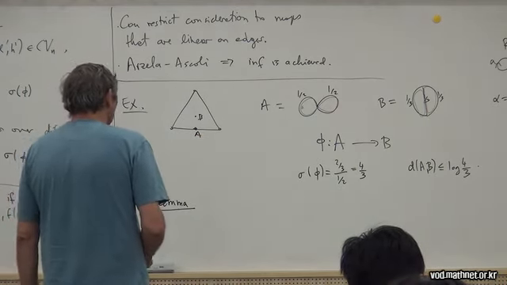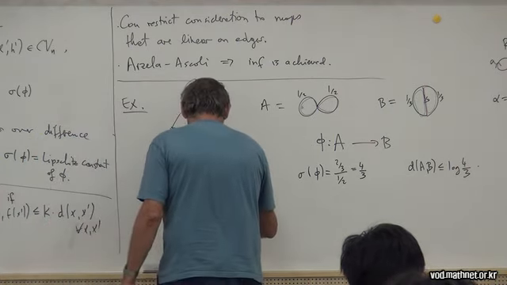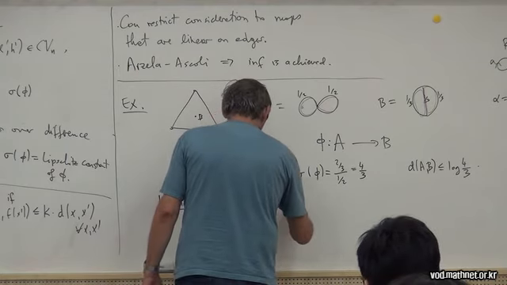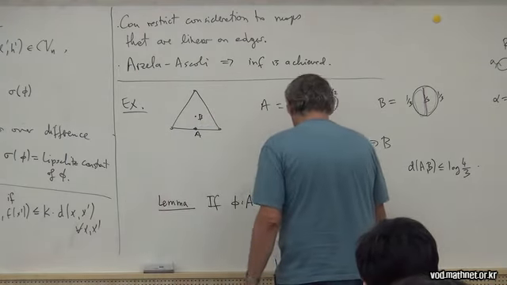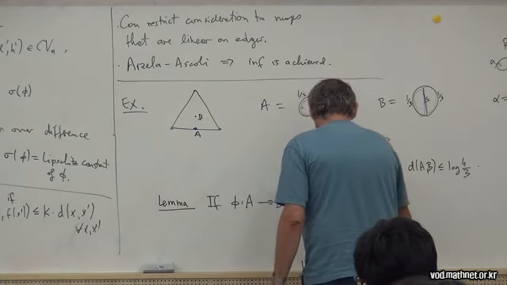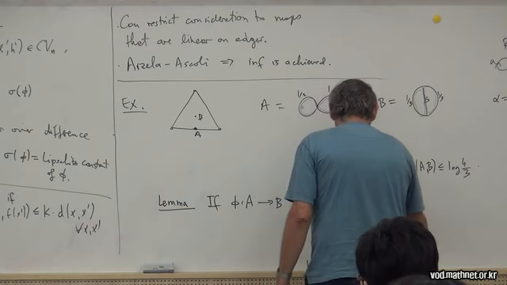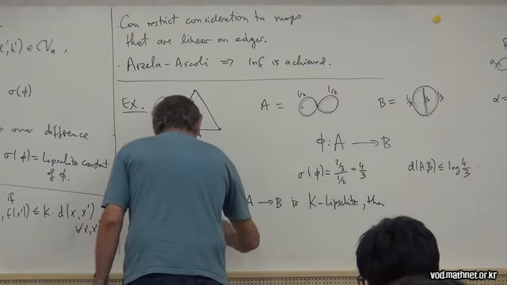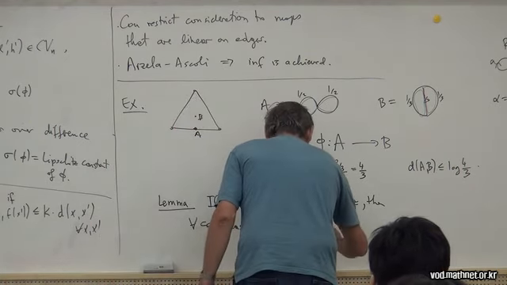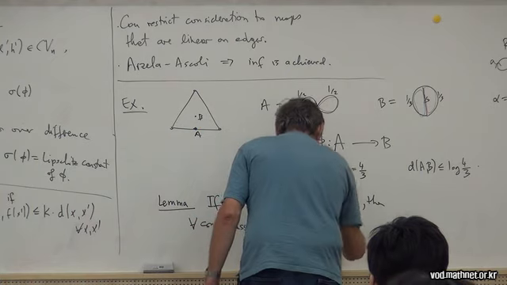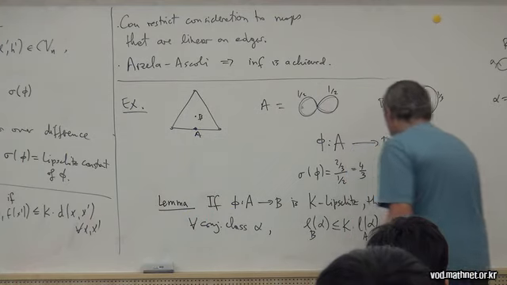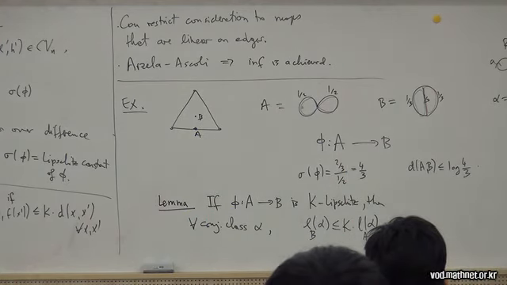If phi from A to B is, let's say, k-Lipschitz, then for every conjugacy class alpha, the length of alpha in B is less than or equal to k times the length of alpha in A. That's what we just observed here.